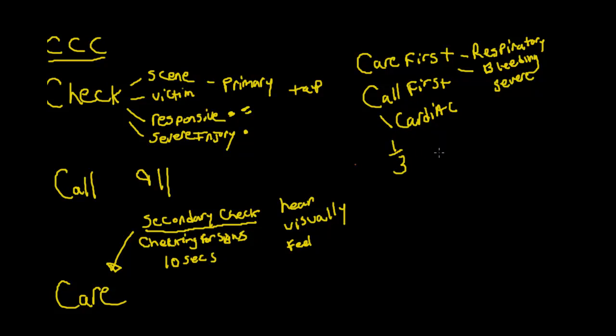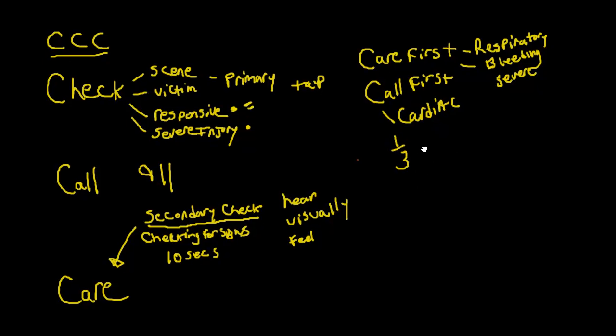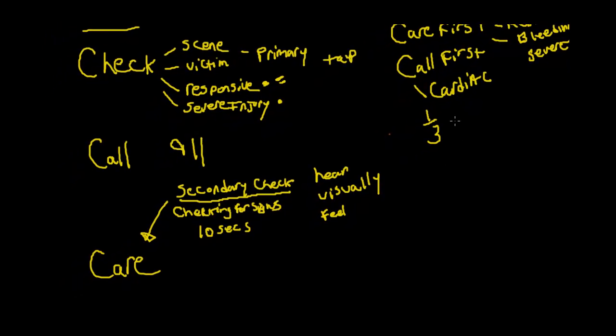So you're still only getting a limited amount of oxygen around to the tissues. Even if you continue CPR, if care like EMS doesn't arrive, their chances of survival aren't very good. So that would be a call first situation. Cardiac emergencies tend to be call first, because we want to get care on its way, and then we begin CPR.